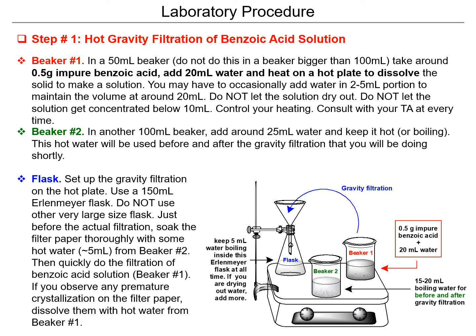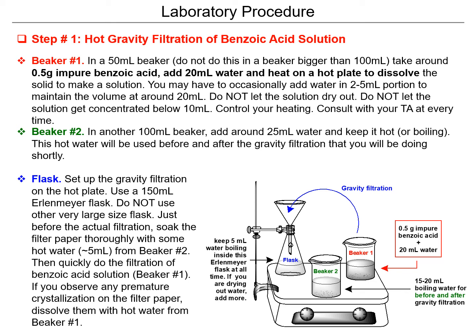So in this experiment, you'll be taking 0.5 grams of impure benzoic acid and then add 2 ml of water and heat the solution on a hot plate or on a heating mantle, it doesn't matter.